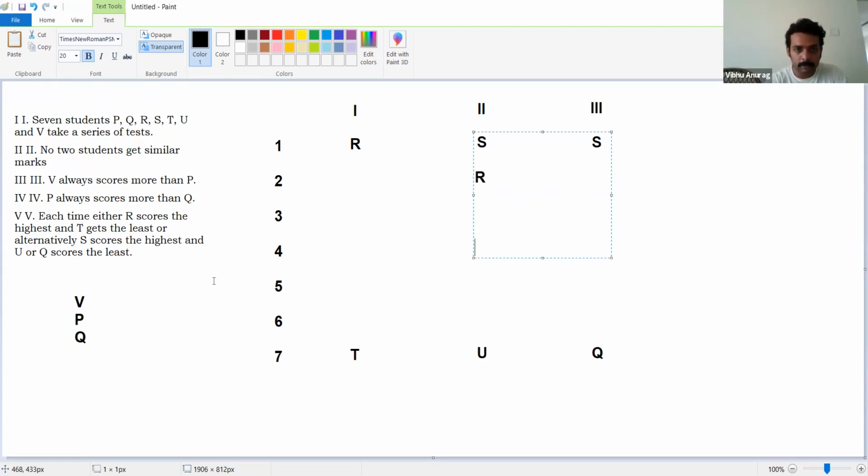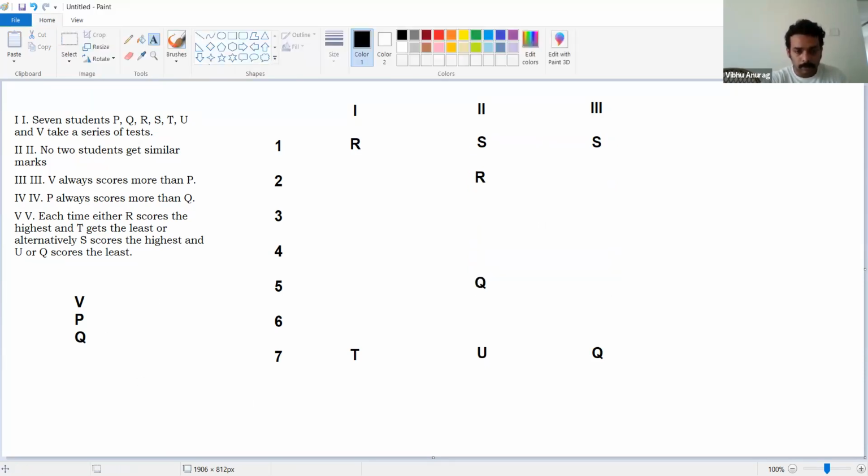R is 2nd and Q is 5th. Okay, so what do they want us to tell? Which of these must be true? Okay, so A says S is ranked 3rd. That's not possible because S is ranked 1.